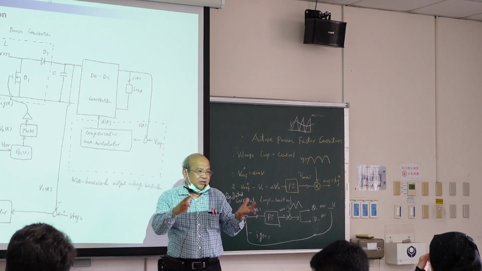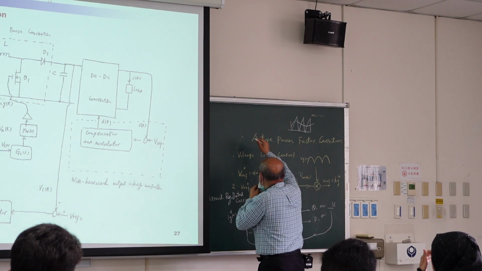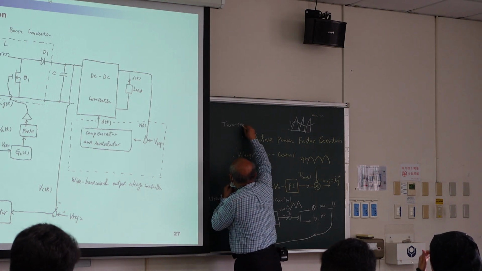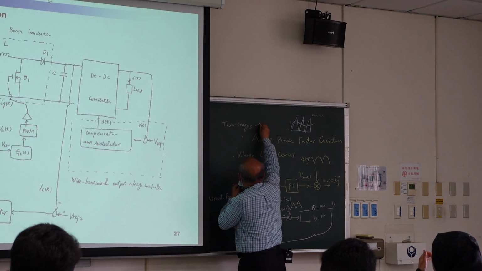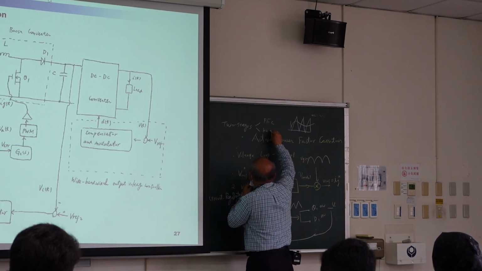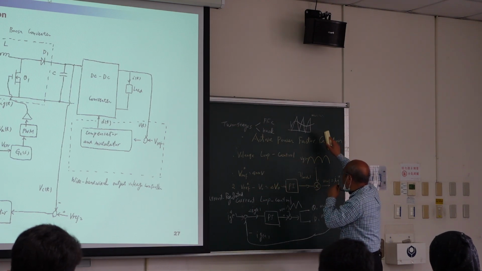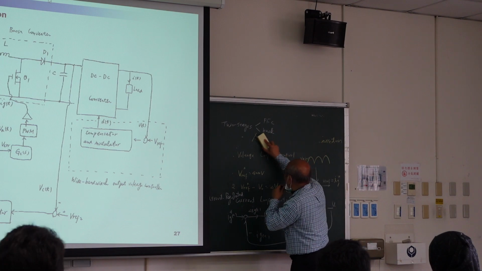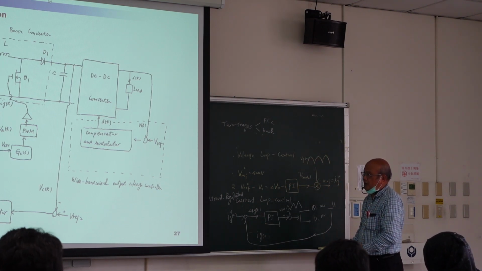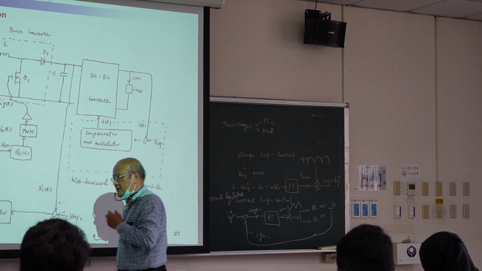So how many stages do you have? 2 stages. One stage is PFC stage. Another is buck converter stage, or the output voltage regulation stage. So you have 2 stages. Then you report your idea to your boss.